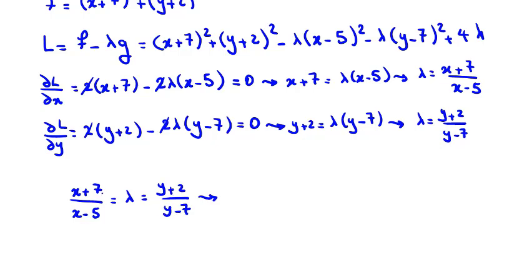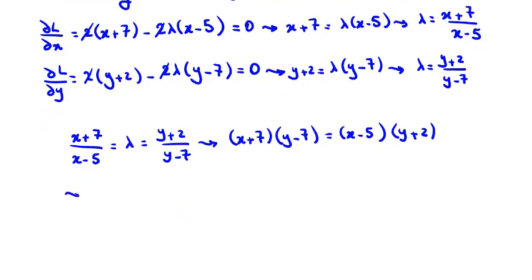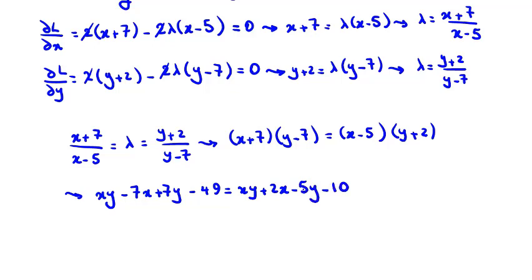If we cross multiply, x plus 7 times y minus 7 equal to x minus 5 times y plus 2. Now if we multiply them, it will be xy minus 7x plus 7y minus 49 equal to xy plus 2x minus 5y minus 10.